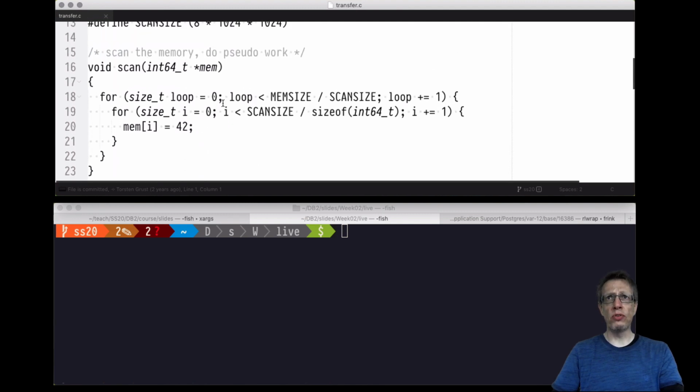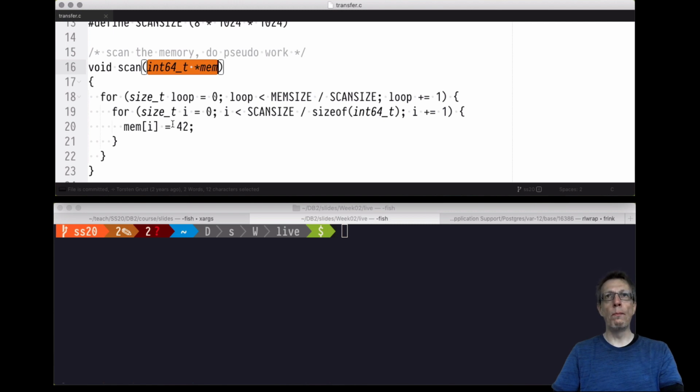It's a very simple function. As you can see here in the inner loop, I'm actually writing to this mem pointer, which is just inside our scan area. I'm writing 64 bits in one go. So I'm writing this particular value 42 inside RAM here. And you see that the two nested loops here make sure that I'm actually writing 4 gigabytes of data.